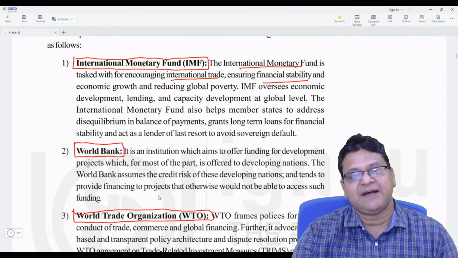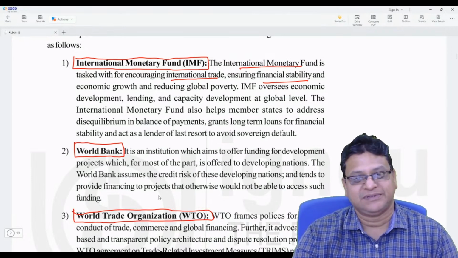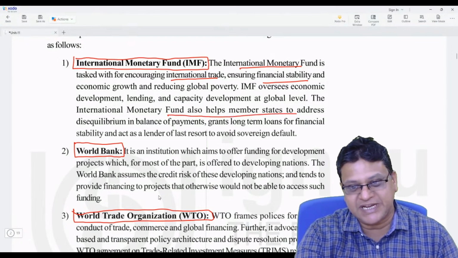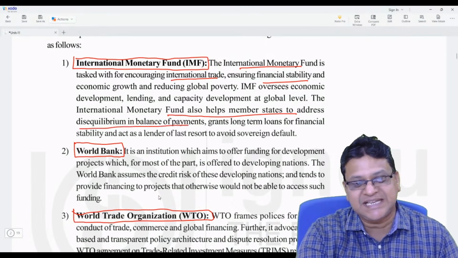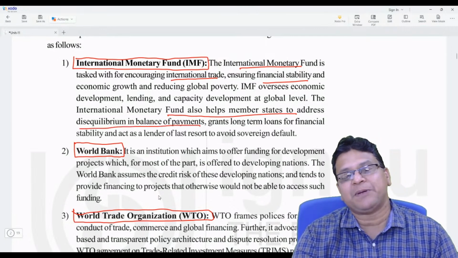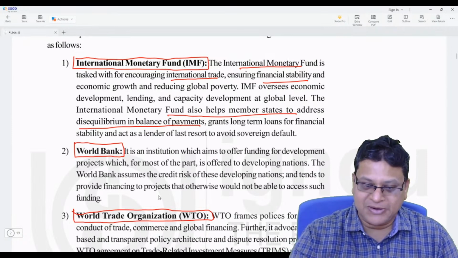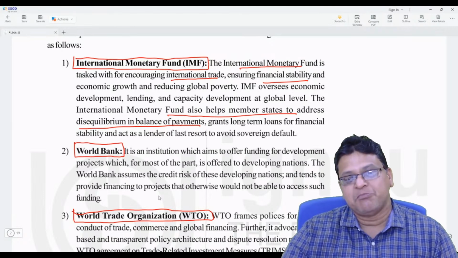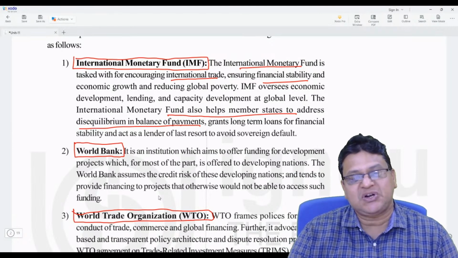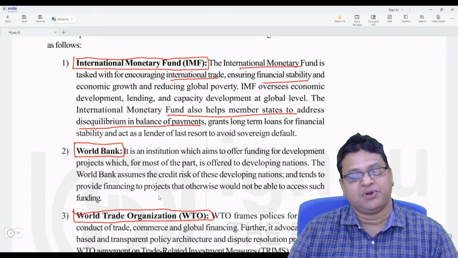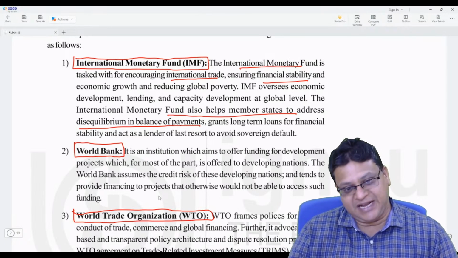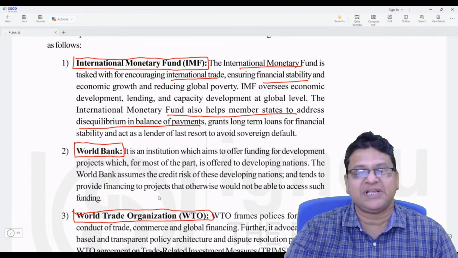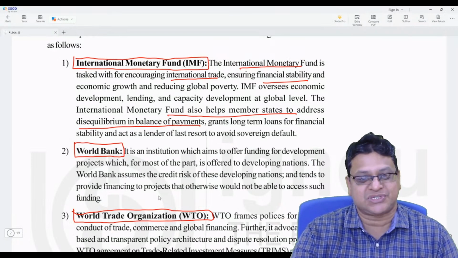Many countries have taken membership of IMF, and IMF helps these member countries to address their disequilibrium of balance of payment. That means if a member country faces a BOP crisis, balance of payment crisis, it does not have sufficient forex reserve to do international business. In that case, IMF will help that member country by granting loans.